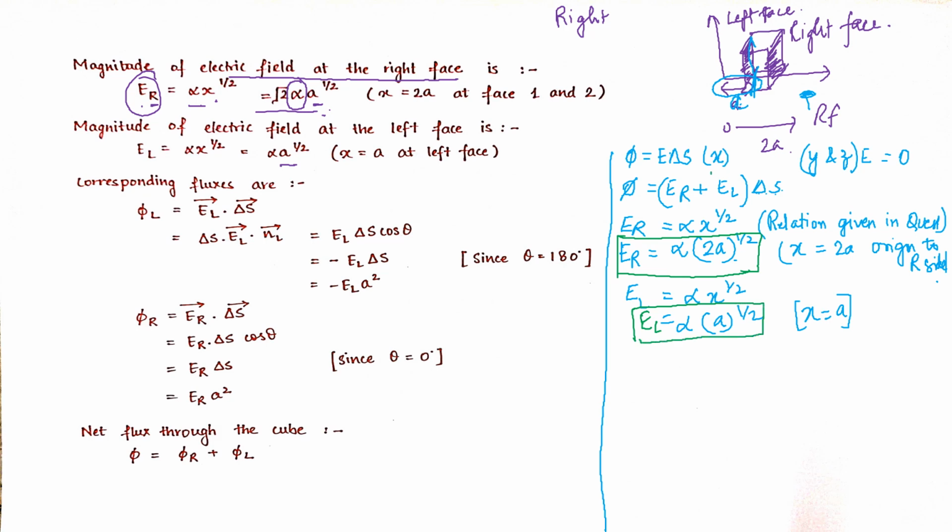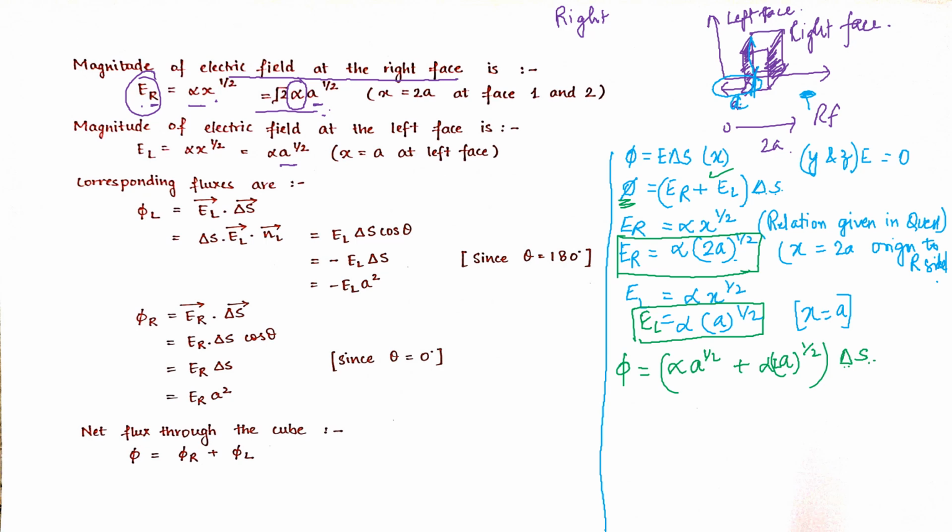Now see here, this is our flux. We need to find flux in this question. What was our requirement? Our requirement was flux. So flux equals E left plus E right, alpha a to the power 1 by 2 plus alpha 2a to the power 1 by 2, into del S. So what is the value of del S here?